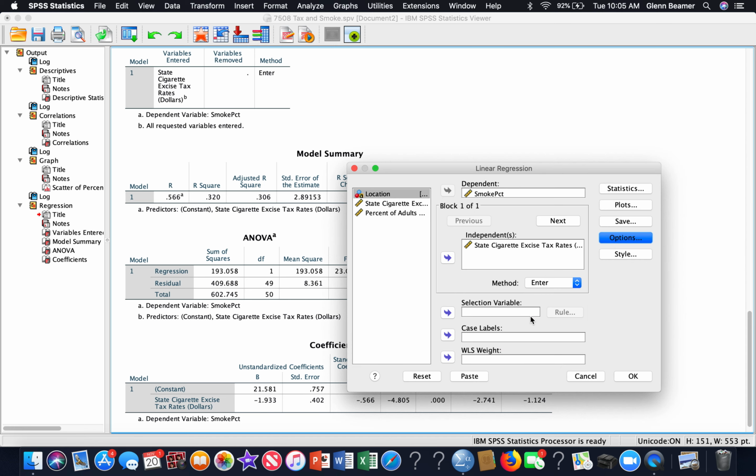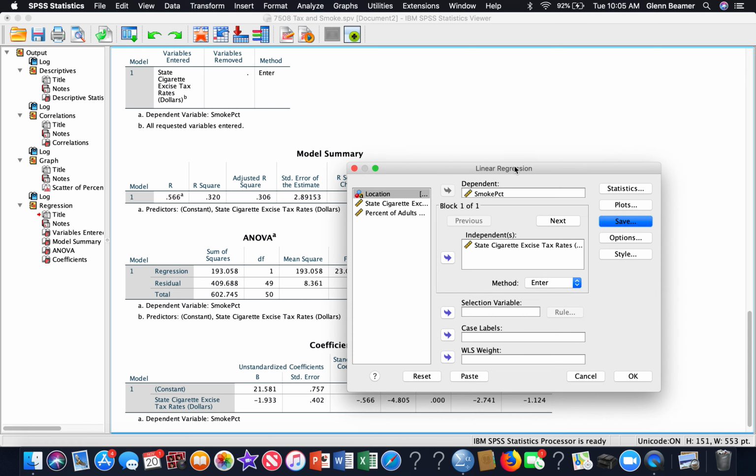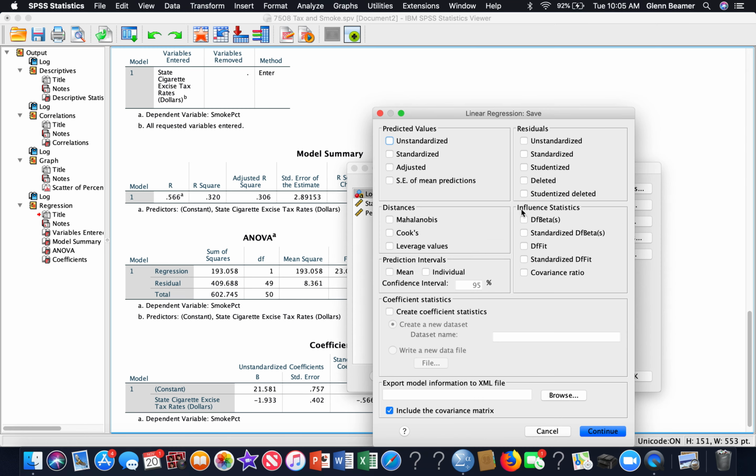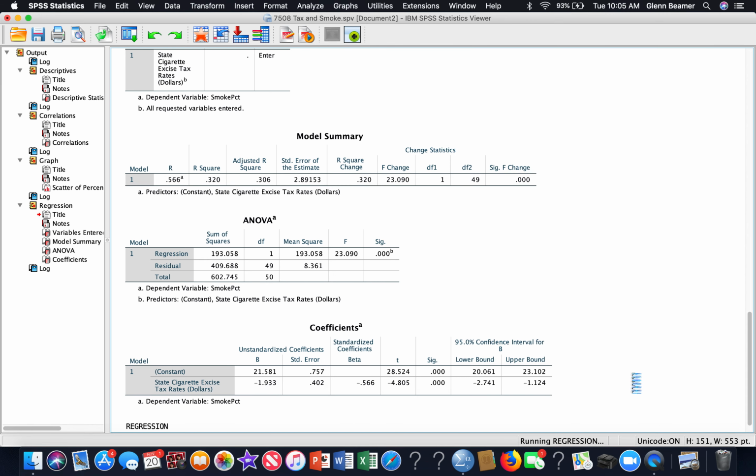Hold on. Predicted. Yes, I'm sorry, I did that too quickly. If you go to Save, it will let you do predicted values, and you can go ahead and say that you want the unstandardized predicted values, since we're doing a linear regression, and go to Continue, and then now go to OK.